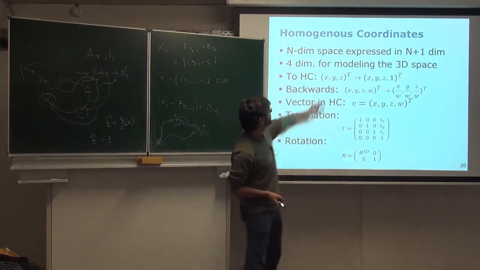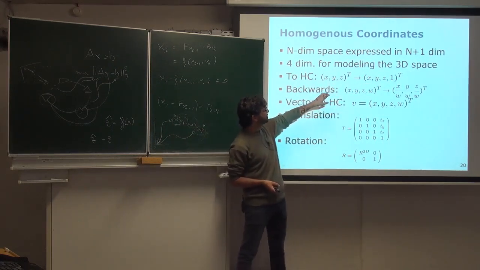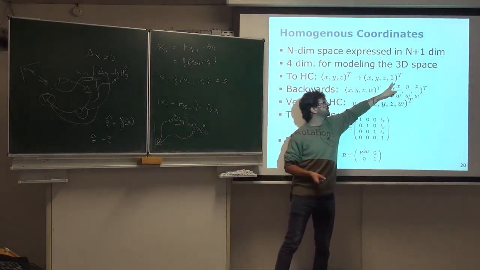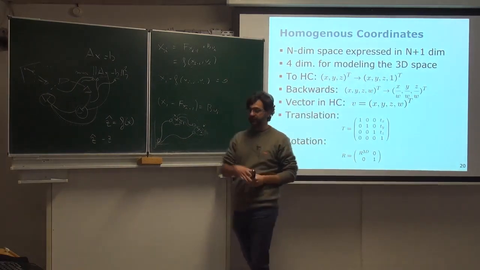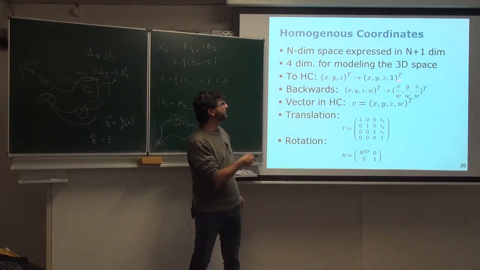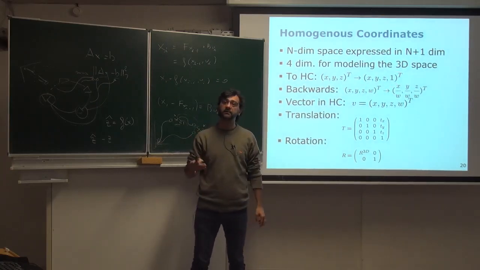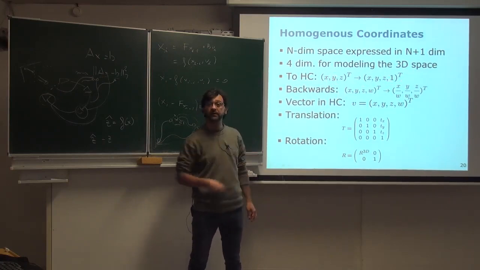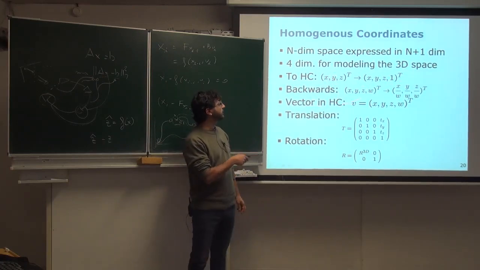This means, imagine we are now in 3D. We are just extending the world with another dimension. And if we are not doing any projection, we will always have a 1 in the last dimension. In this case, you go from 3D to 4D vectors. We can always go backwards.